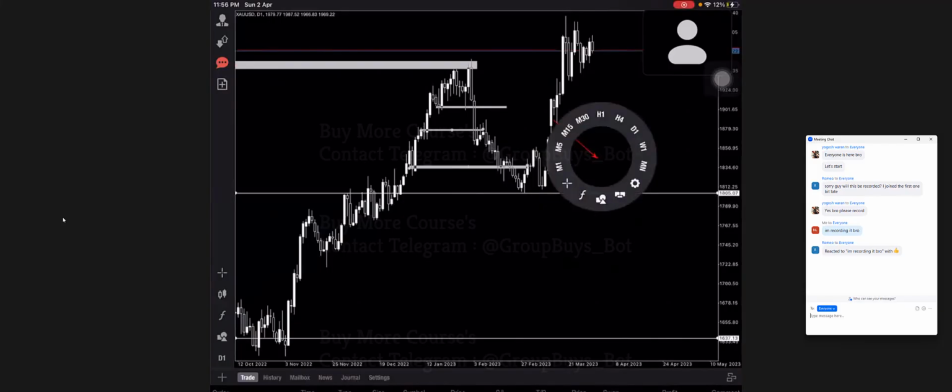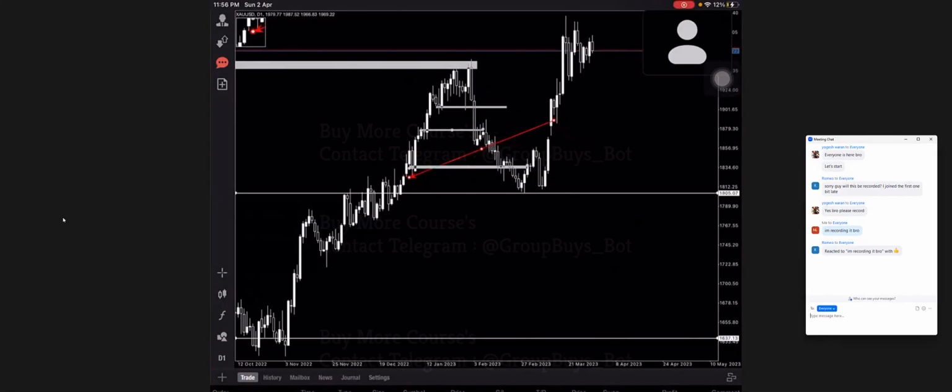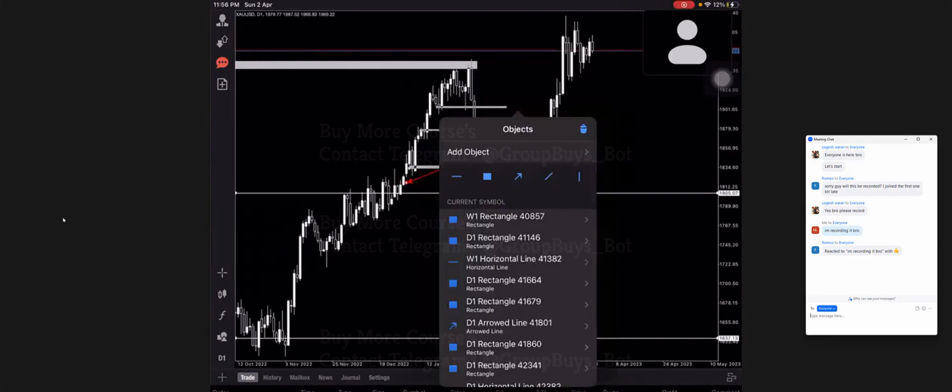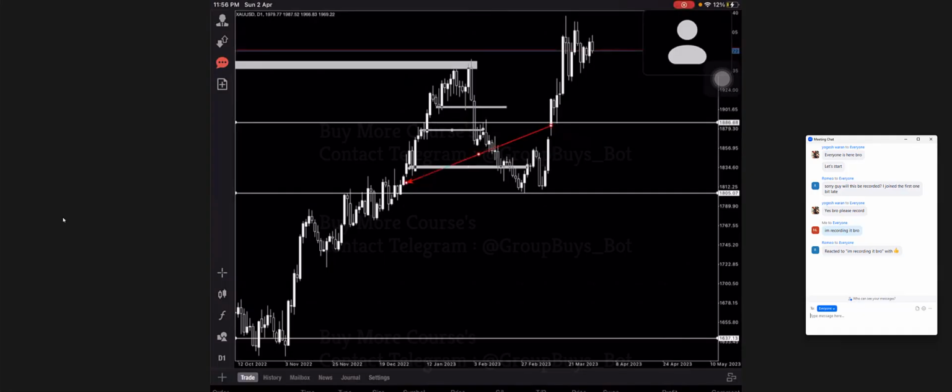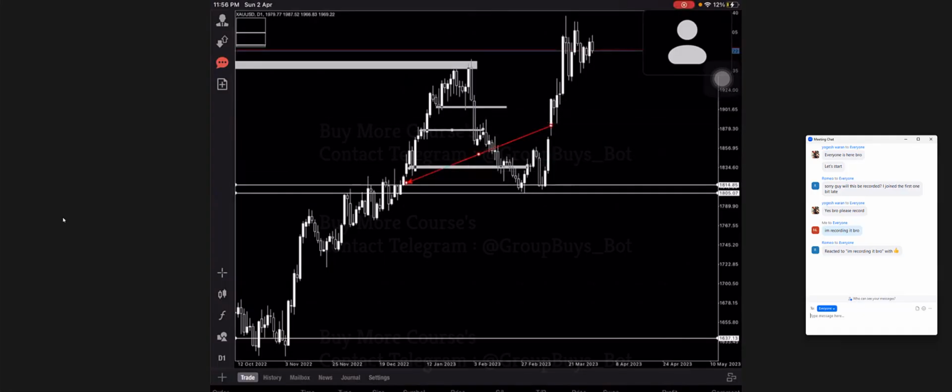You see, after I process the weekly, then I find the breakout from daily, right? After we already know the closing here, then our first TP will be here.